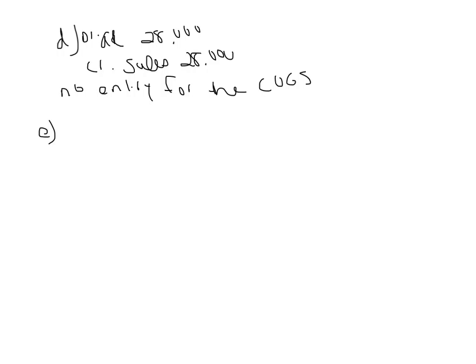In the beginning of the problem, they tell us that their beginning balance for inventory was $15,000. Let's start with that. Now we have to look at all of the entries that happened over the month.